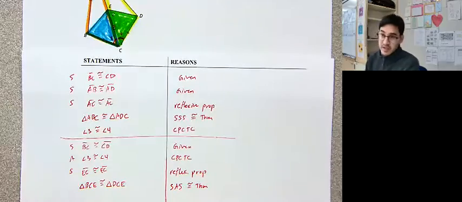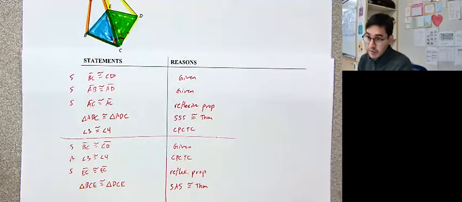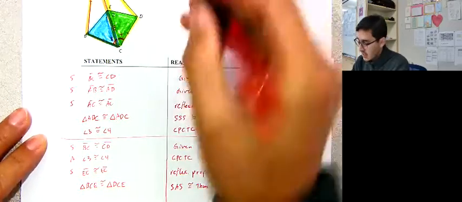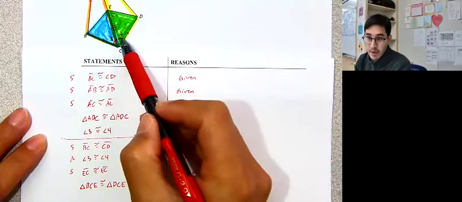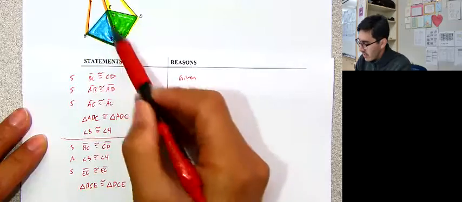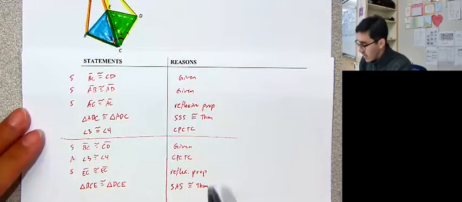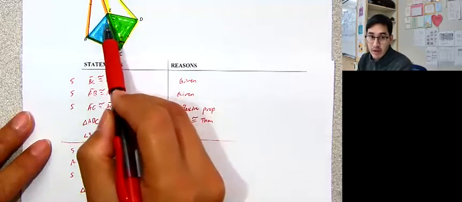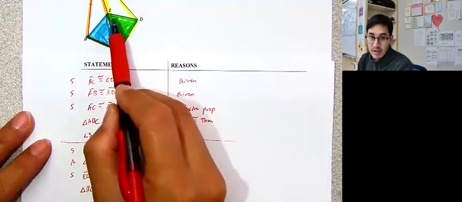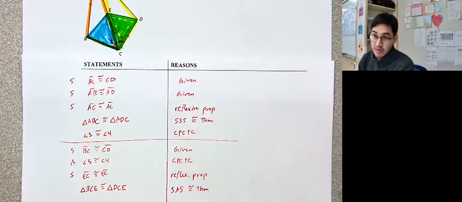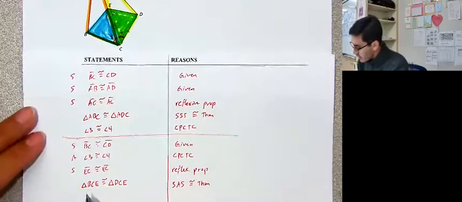This is a long proof that involves multiple triangles. We first had to show that the orange and yellow triangles were congruent, and then use one of their pairs of corresponding parts. Then we showed that the blue and green triangles are congruent. Now we can finally claim that angles 1 and 2 are congruent, because they belong to congruent triangles.